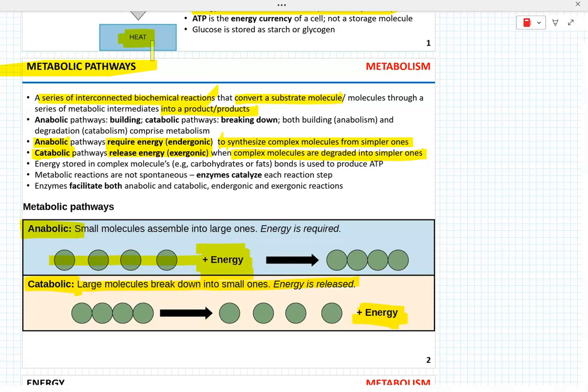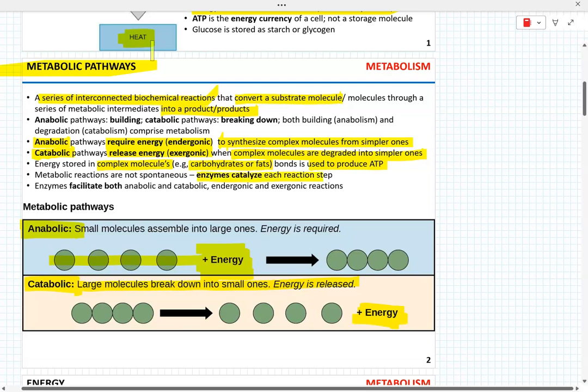As we mentioned before, energy that is produced in catabolic pathways sometimes can be stored in complex molecules, for example, carbohydrates or fats. These molecules can be broken down, and the energy released from these molecules' bonds can then be used to produce ATP. It's important to understand that metabolic reactions are not spontaneous.